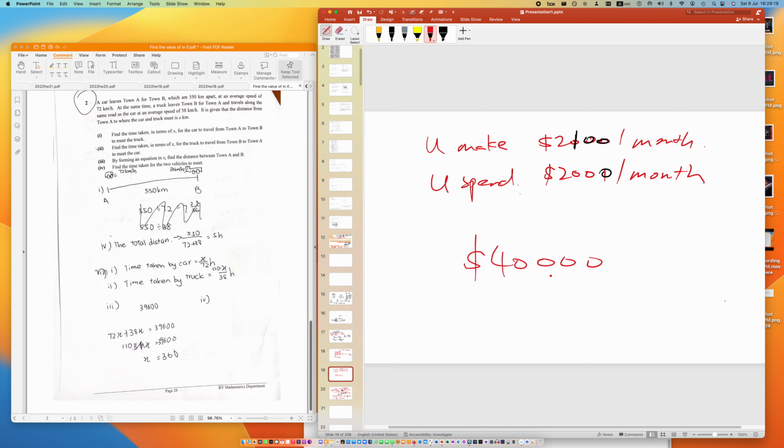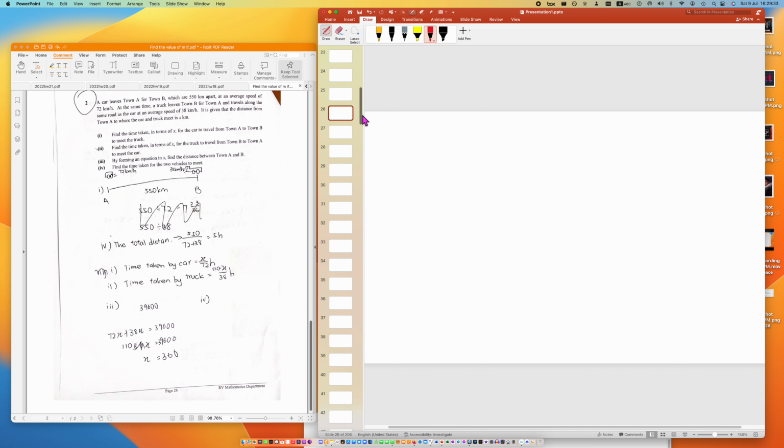I understand this question, but somehow I cannot get the whole number. Never mind, you do a sketch first. And sometimes you might not get a whole number, because it can be 2.5 hours, or it can be 2 and 1/3 hours. So can you do a simple sketch first?